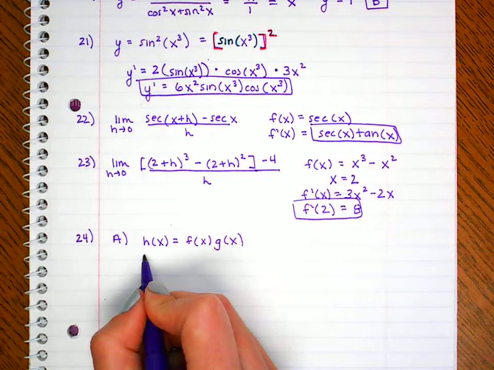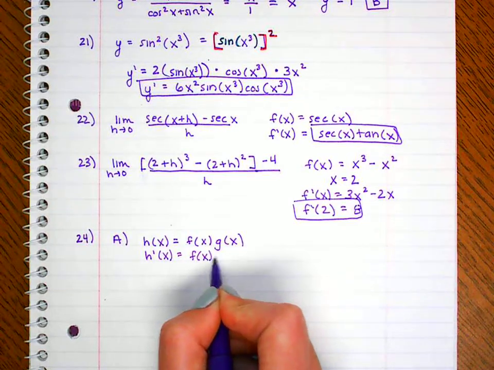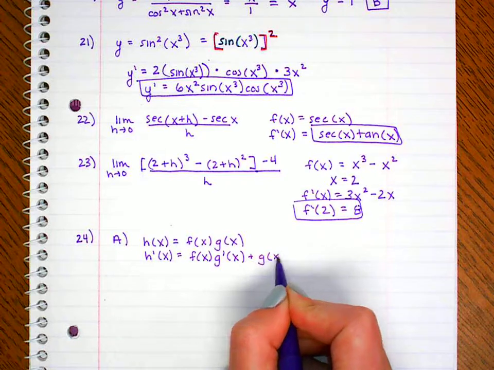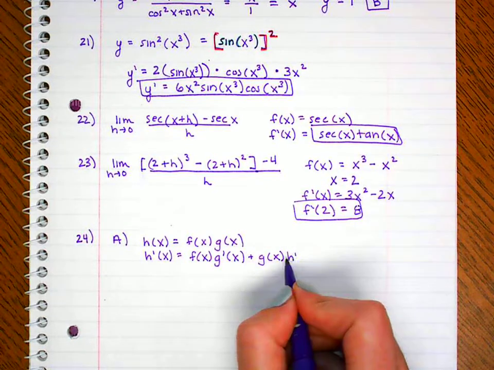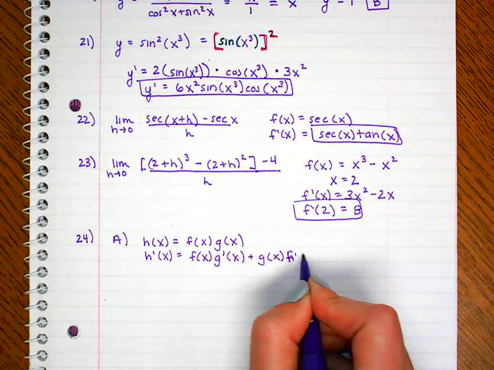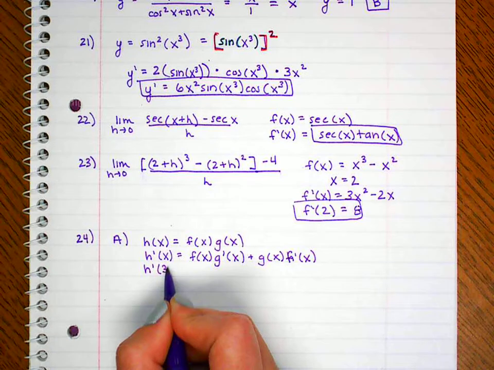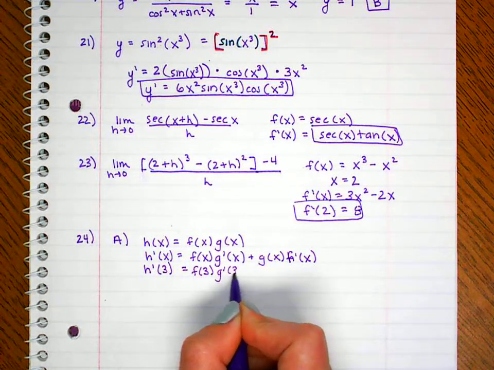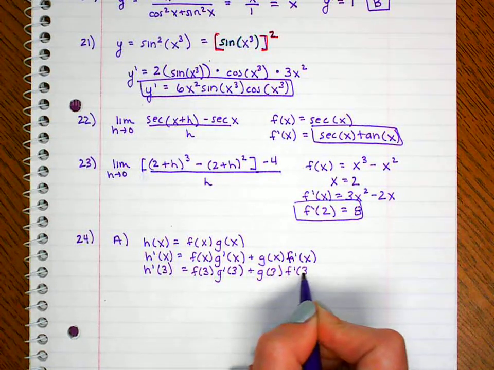Which means my derivative is the first times the derivative of the second, plus the second times the derivative of the first. We're evaluating it at 3, so we're going to have f of 3, g prime of 3, plus g of 3, f prime of 3.